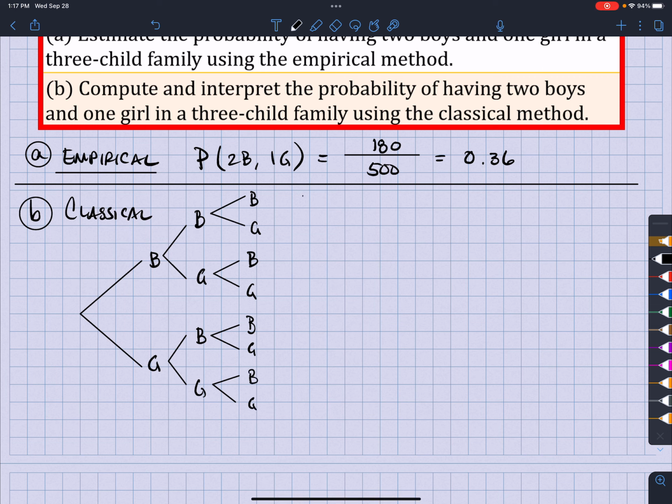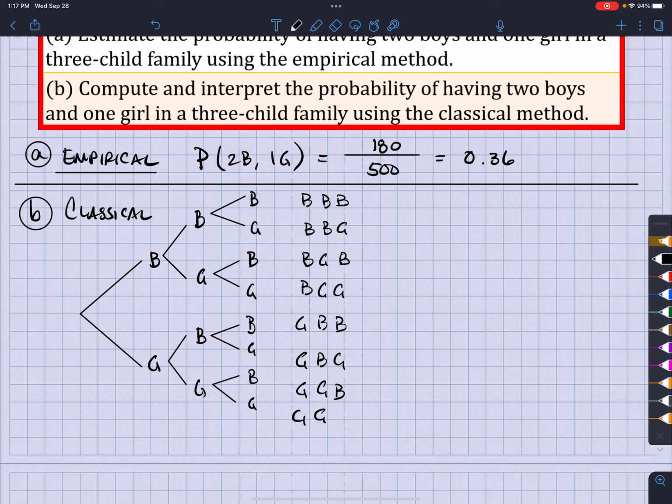So we have boy, boy, boy; boy, boy, girl; boy, girl, boy; boy, girl, girl; girl, boy, boy; girl, boy, girl; girl, girl, boy; and then girl, girl, girl. Okay? So we look at it, how many of these have 2 boys and 1 girl? 2 boys, 1 girl, 2 boys, 1 girl, 2 boys, 1 girl, and that's about it.